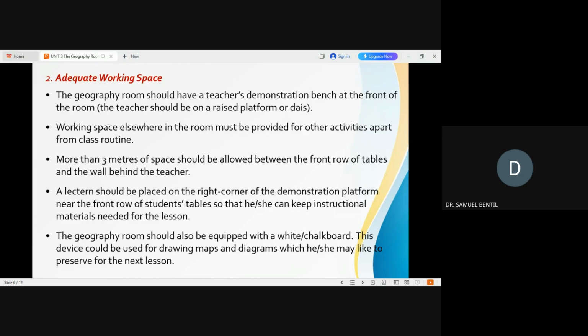The reason why there should be 3 meters of space is so that anything that is projected, those in the front line can see well. And also the teacher can stand there or use that place as a traffic area to pass through, to move to the other side of the class.